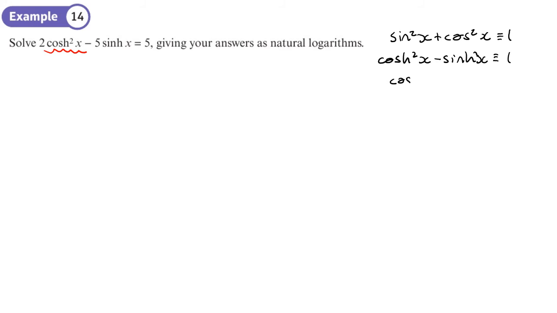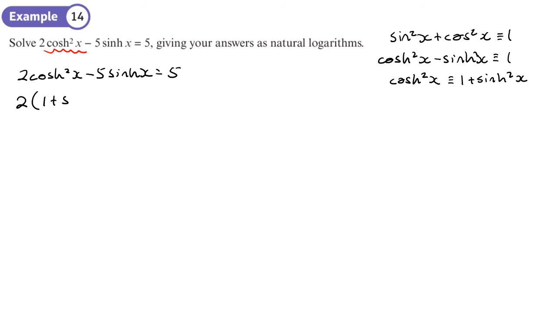That basically means that cosh squared x is equivalent to 1 plus sinh squared x. So that's the replacement we're going to make. So 2 cosh squared x minus 5 sinh squared x equals 5 is going to become 2 lots of 1 plus sinh squared x minus 5 sinh squared x equals 5.